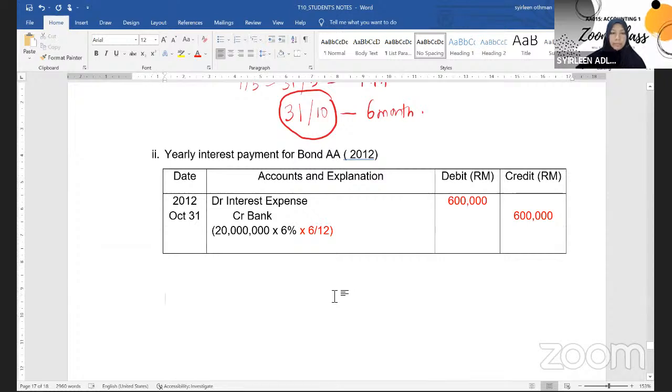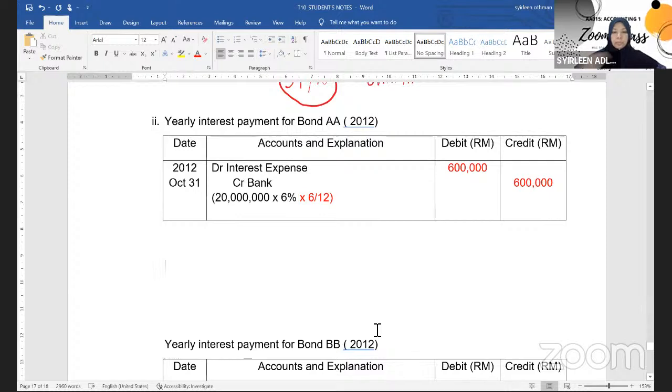Okay, so untuk BB, sebab you issue bond BB ni on 1st of July 2012. Okay, so cara bayaran tu sama juga, every 6 months. Okay, so untuk bonds BB, so 6 months ialah July, August, September, October, November, December.